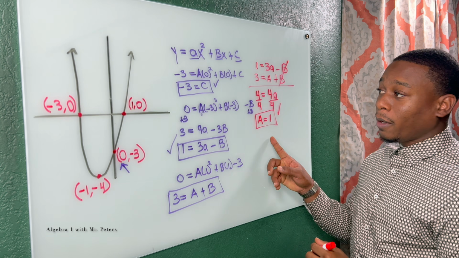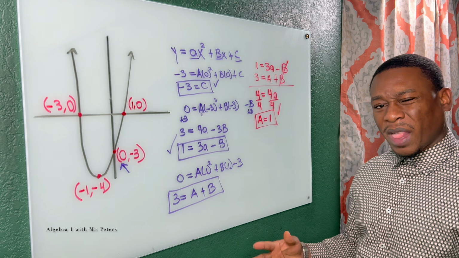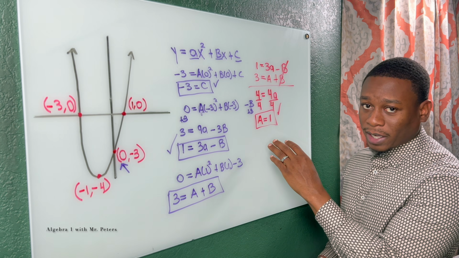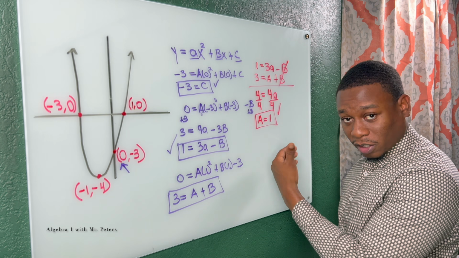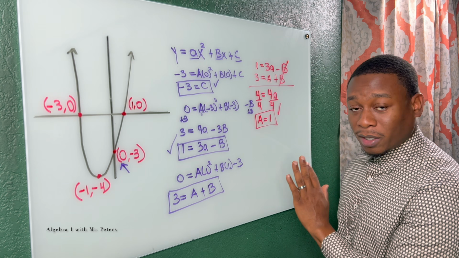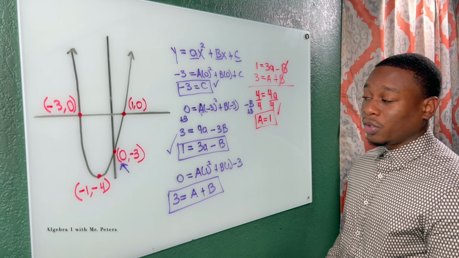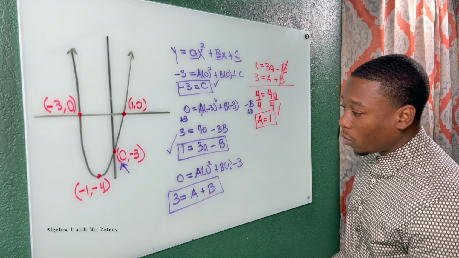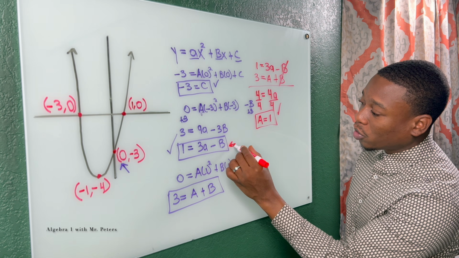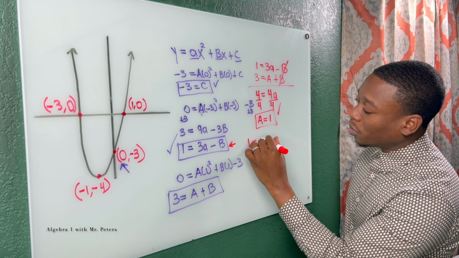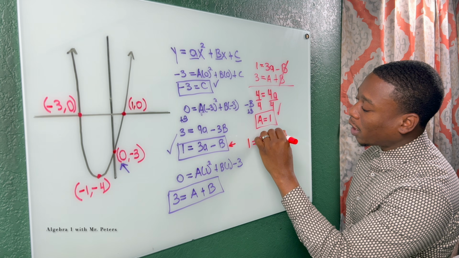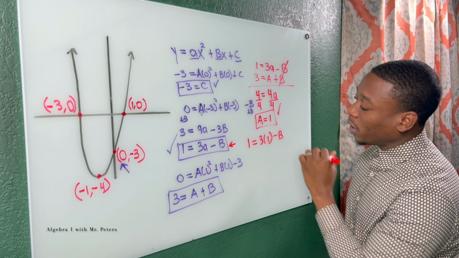So I have a and I have c. Now for us to figure out b, we can go back in and use systems of equation elimination, but the better method to do is just pick one of these two equations, substitute a in to figure out what b is. So let's focus on this one. So we know 1 is equal to 3 times 1 minus b.